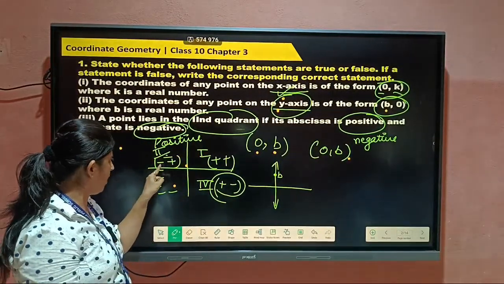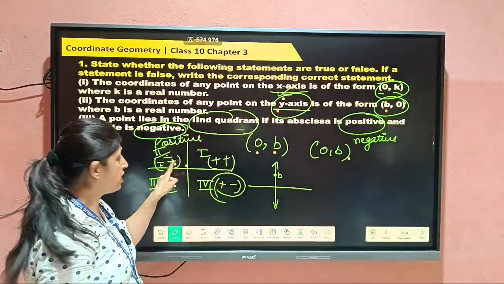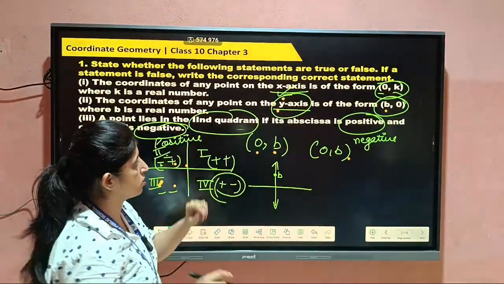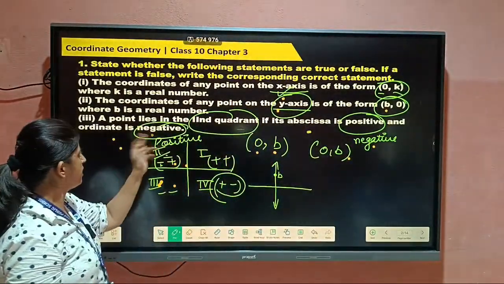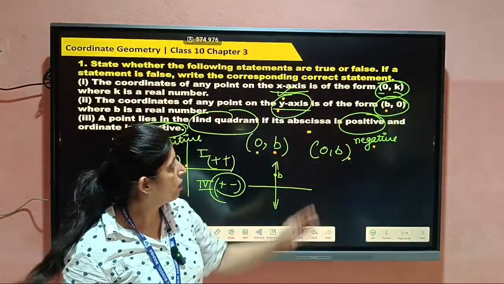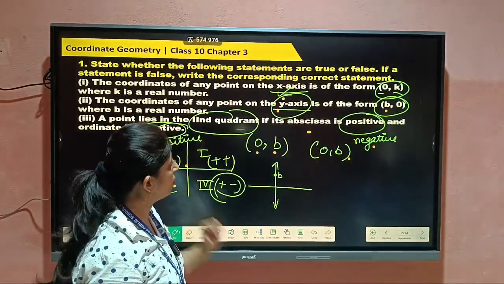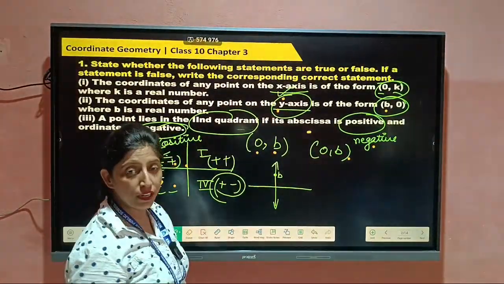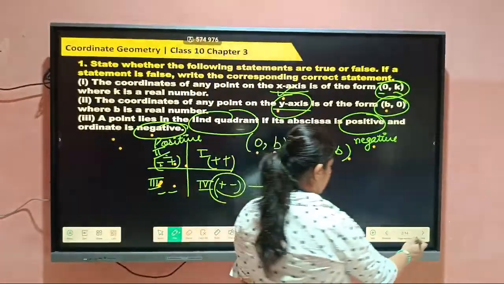In second quadrant, x is negative means abscissa is negative, and y is positive means ordinate is positive. So abscissa is negative and ordinate is positive. In the place of positive we will write negative, and in the place of negative we will write positive. I hope you understand this question, right? Now we will move to the next question.